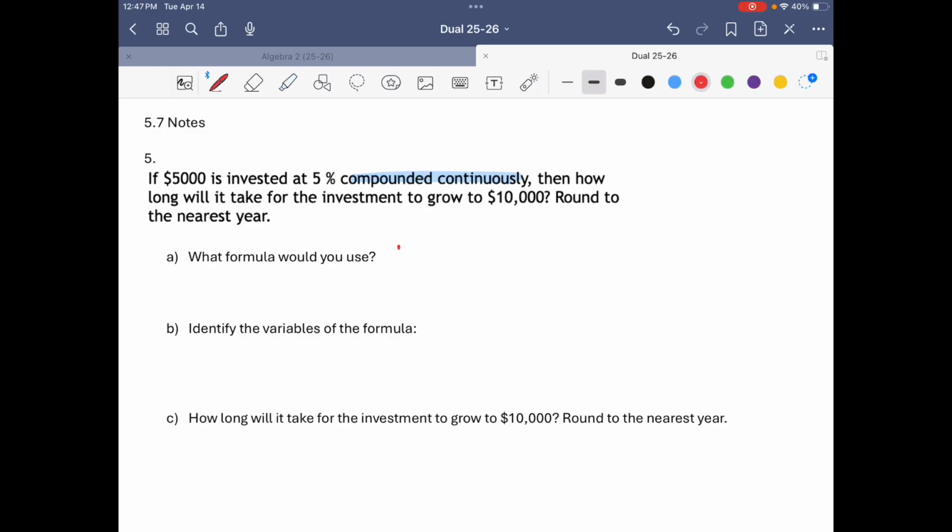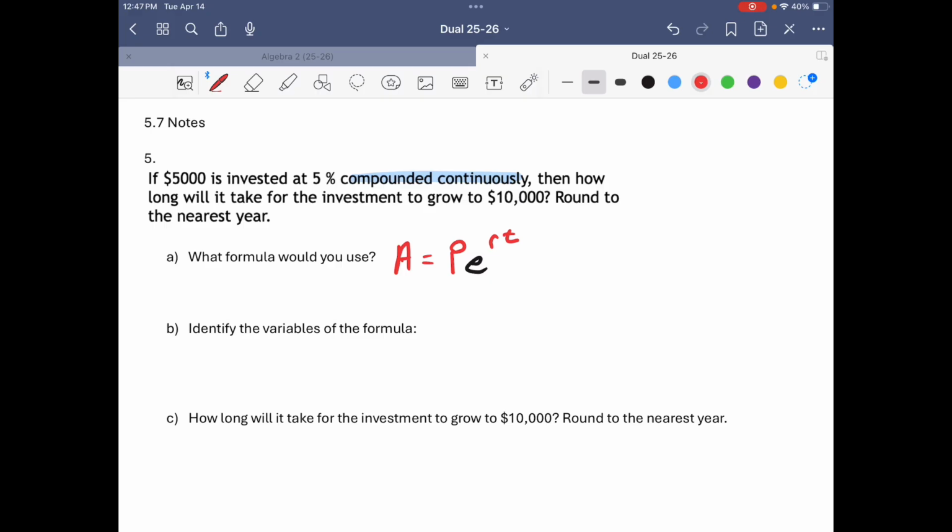That's going to be A equals P, remember that e is just a number, and then exponent rt. Okay. So you're going to put $5,000 into this account at 5%. How long will it take this investment to go to 10,000?